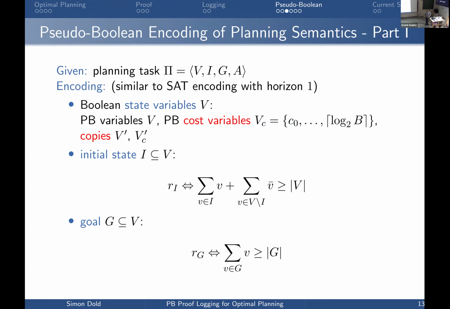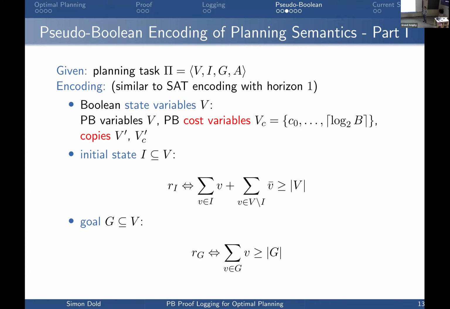So how do we do this Pseudo-Boolean encoding of the planning semantics? So we are given a planning task, and we use the state variables v as base blocks for all our Pseudo-Boolean circuits, together with some cost bits VC that encode the cost that we are considering at the moment.